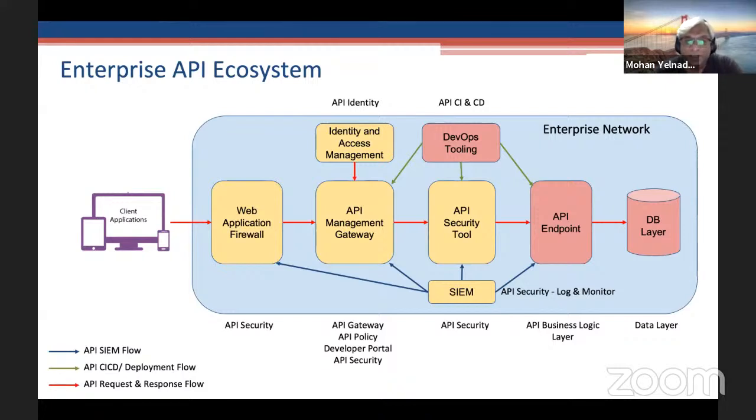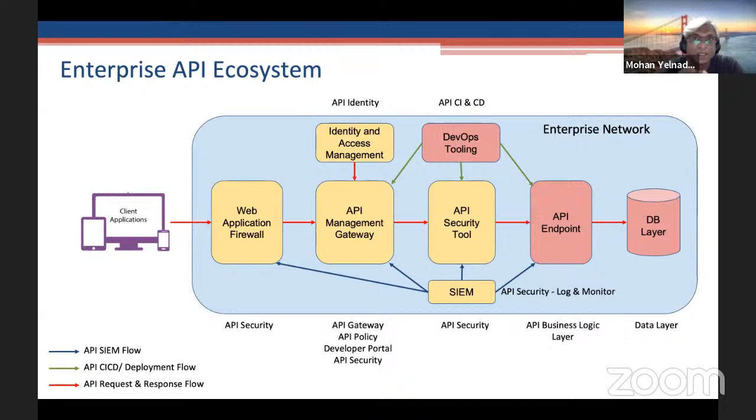So that's basically the API policy server service, right? And the third service at the API management gateway level that we usually find is a developer portal. Now, the developer portal is a service meant for both internal developers as well as external developers. These days, we have a lot of open APIs.